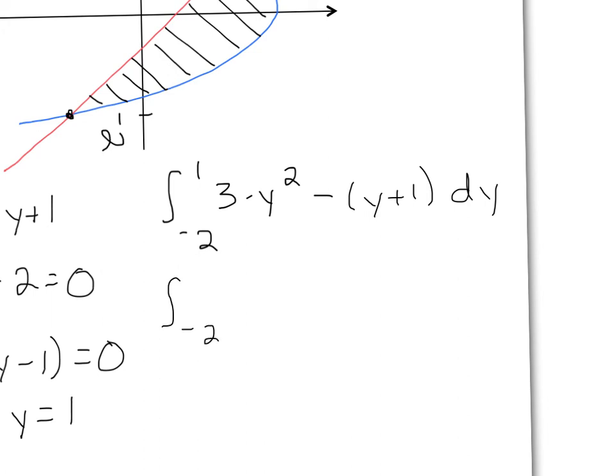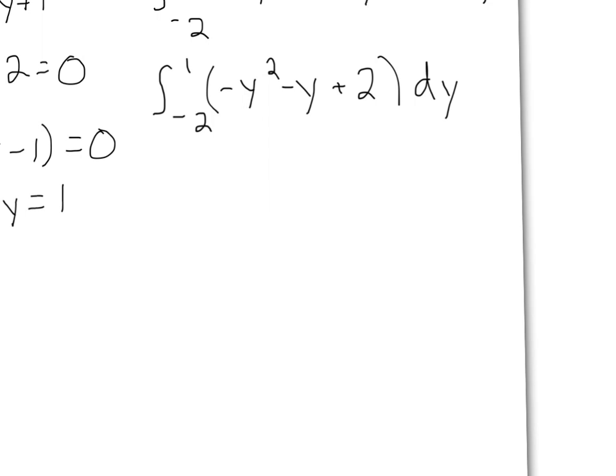So we'll have from -2 to 1, negative y squared minus 1 plus 2 dy. And then that'll integrate to negative y cubed over 3 minus y squared over 2 plus 2y.